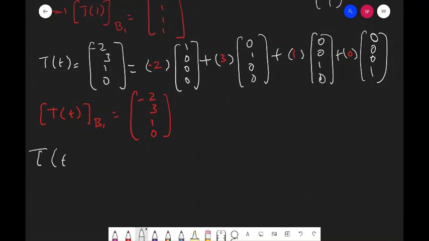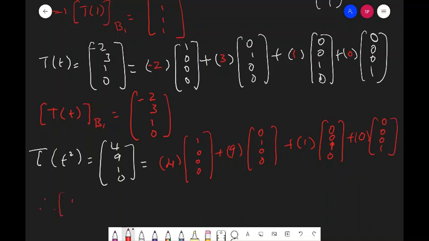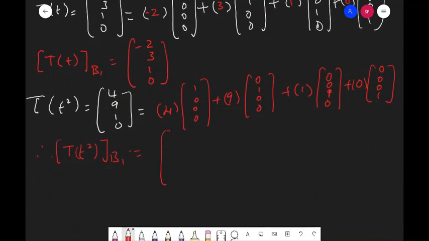And next, T of t square is equal to 4, 9, 1, 0. So directly I will write it is nothing but 4 into 1000 plus 9 into 0100 plus 1 into 0010 plus 0 into 0001. Therefore, the coordinate vector of T of t square with respect to B1 is 4, 9, 1, 0 itself.